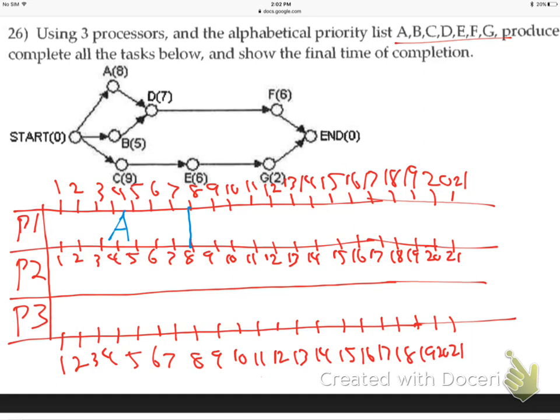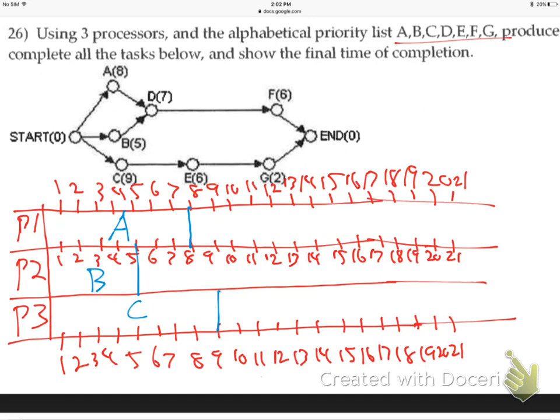Alphabetical, B. If we're doing decreasing time, he would take C. But it's B. We go alphabetical, 5-hour job there for B. And then C, 9-hour job for processor 3. Good? Good so far? They just go alphabetical. If we did decreasing time, then the first guy would have taken C, biggest number, followed by A, followed by B, right?